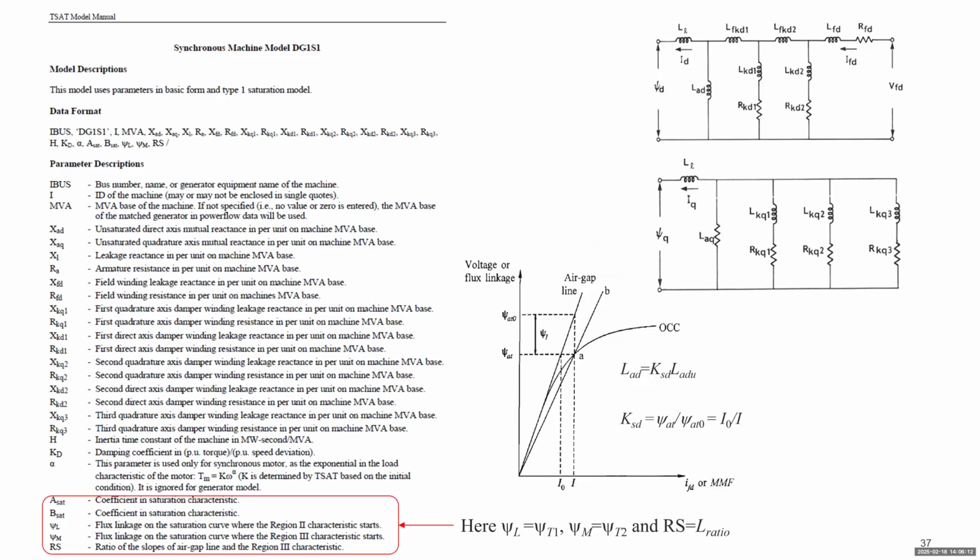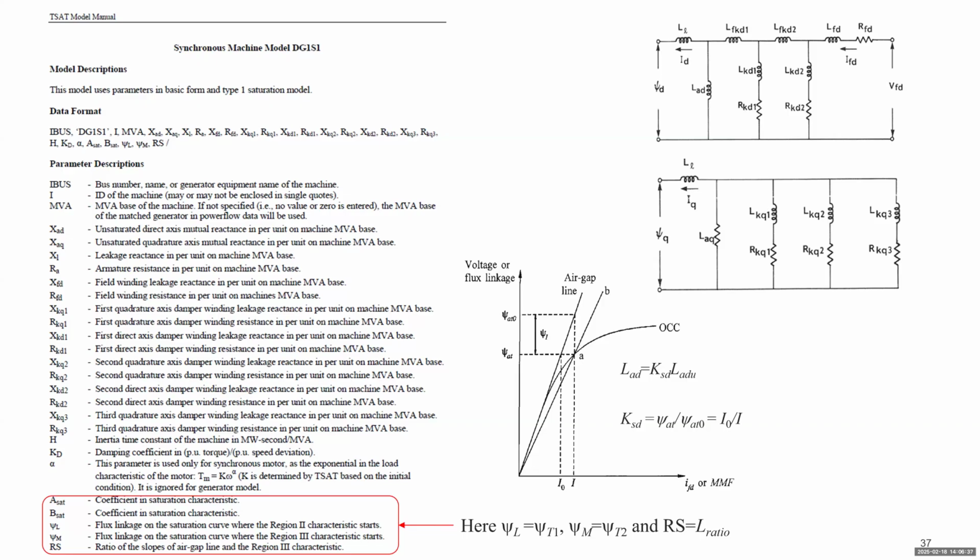This is exactly in the manual, the TSAT manual. TSAT is the transient stability analysis or assessment tool. They give you all the parameters, so you can tell that XAD is basically just LAD, XL is basically just LL, because for per unit, X and L are the same.